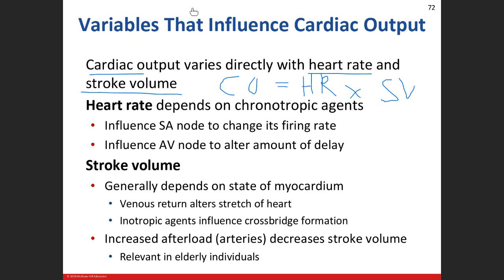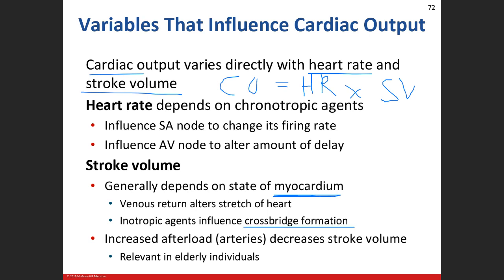Then stroke volume, think of it here. What is going on with the heart wall, the myocardium? If we're increasing the venous return, the amount of blood volume that is returning to the heart, then we'll increase the amount of stretch on the myocardium, which will then increase the amount of blood that's getting ejected out of the heart through the stroke volume.